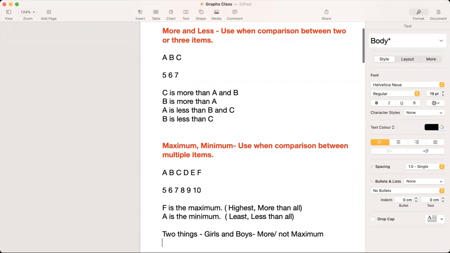And when we have a comparison between like 20 students, or 10 countries or something like that, we'll be using the word maximum, because the comparison is between multiple items. I just wanted to explain the difference here really quickly. Is it clear when to use more and when to use maximum? Yes, sir. Okay, so between 2 and 3 things, more, and between multiple items, it's maximum. And I'm going to ask you in the graph, when it comes, what word we should be using.